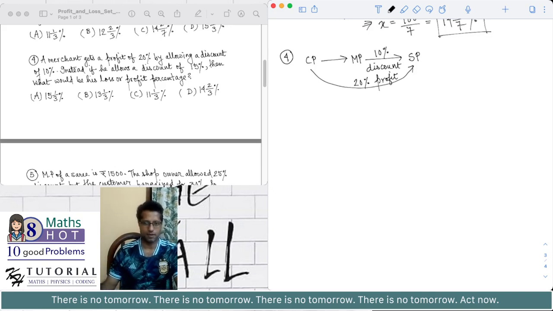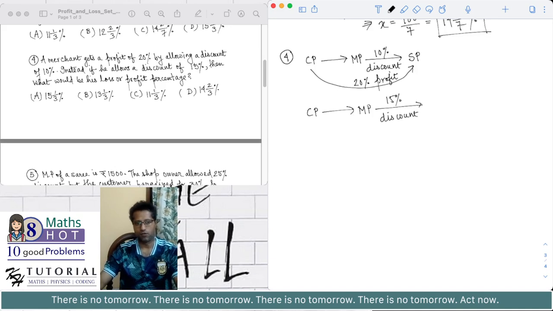Now it is saying that instead, if he allows a different discount, this cost price remains the same, and this mark price will also be the same, and it is asking if the discount is 15%, then what will be his loss or profit percent.